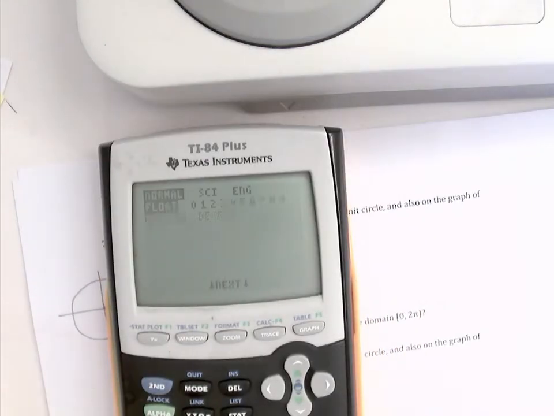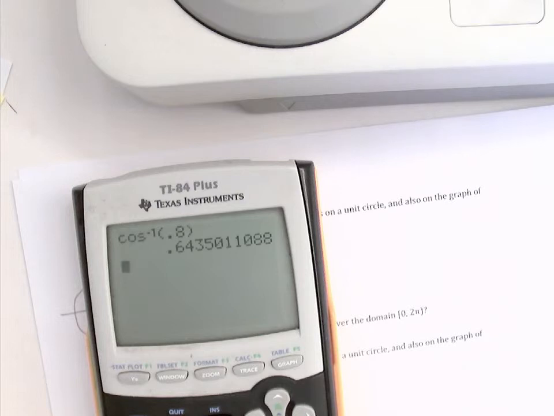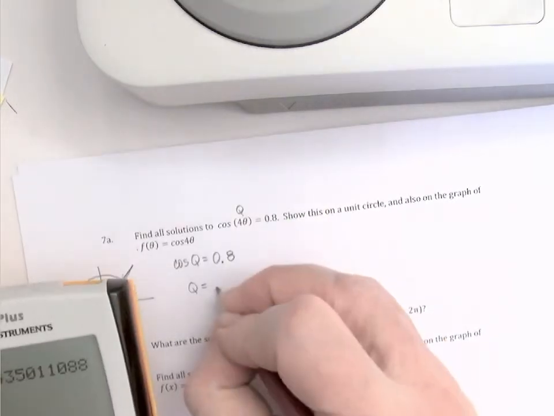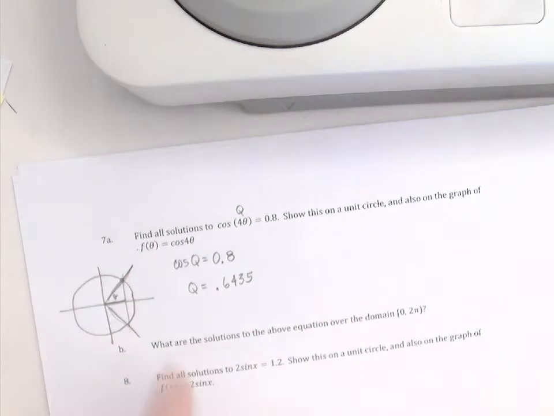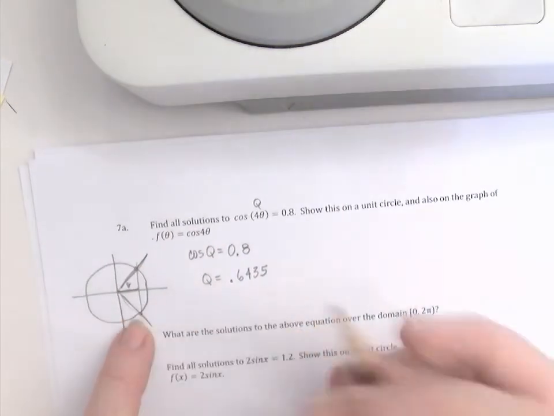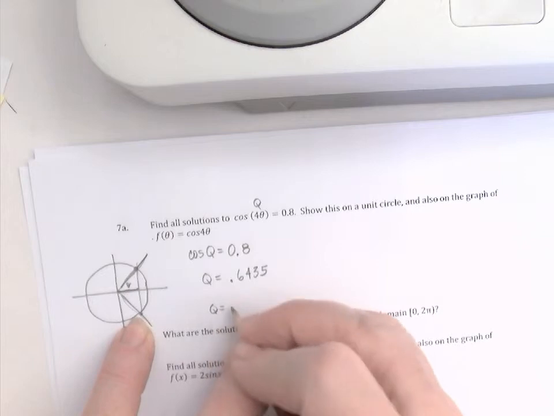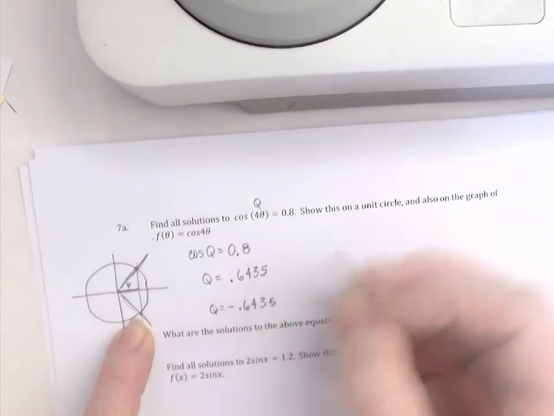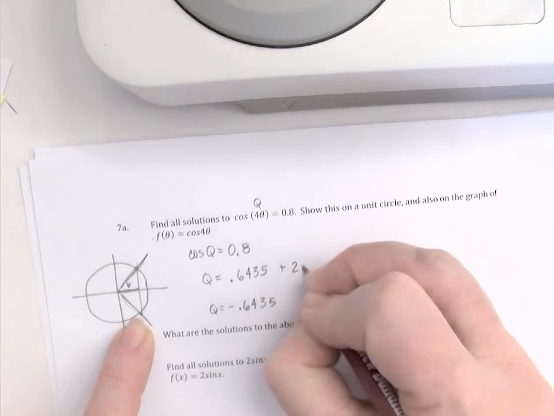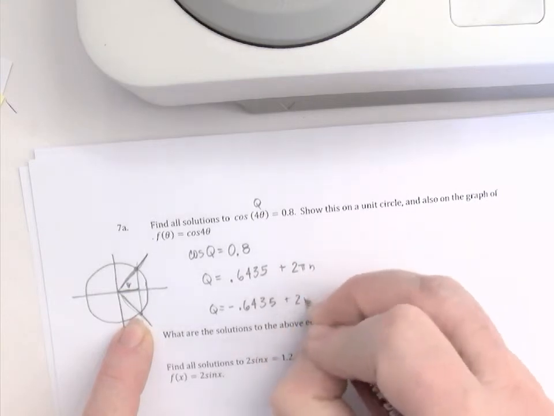So I am in radian mode, and I'm going to do inverse cosine of 0.8, the angle whose cosine is 0.8, and this gives me 0.6435. Or the other thing I could say is q is negative 0.6435. And just like before, we're going to have plus 2 pi n in both cases.